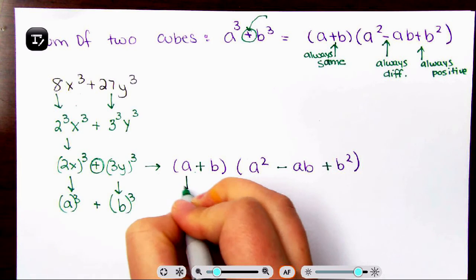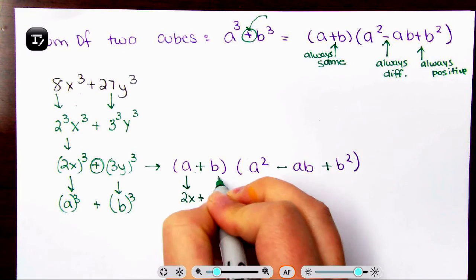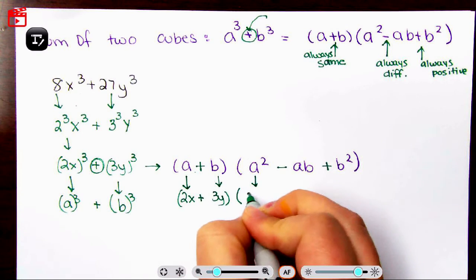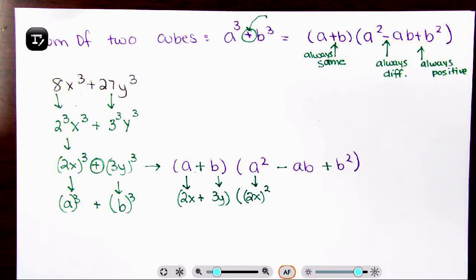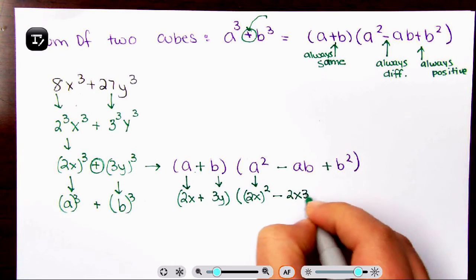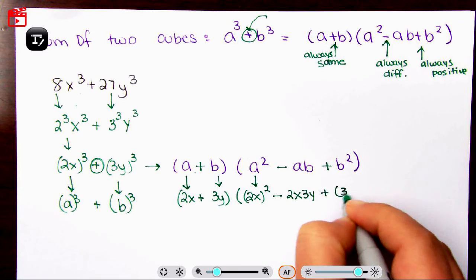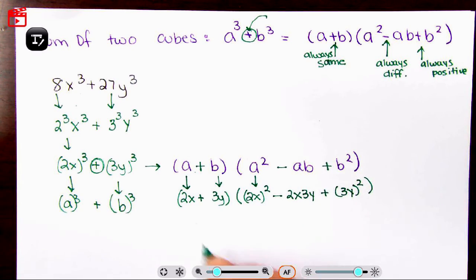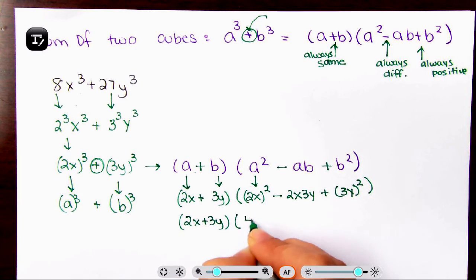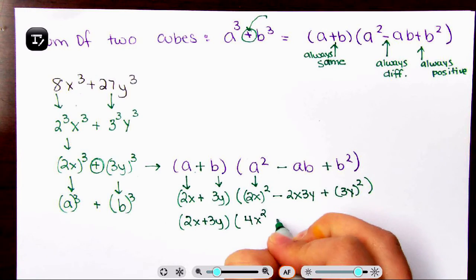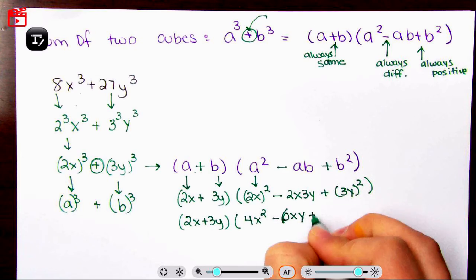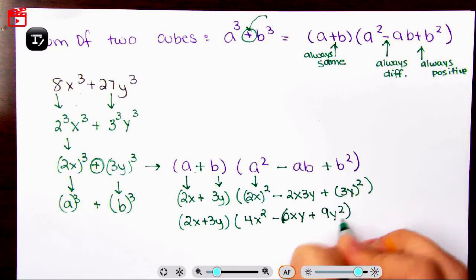So what do we have? a is 2x, plus b is 3y. a is 2x, all of 2x is being squared, minus 2x times 3y, plus all of b, 3y, is being squared. So that means I have 2x plus 3y times 4x squared minus, what is this, 6xy plus 9y squared.